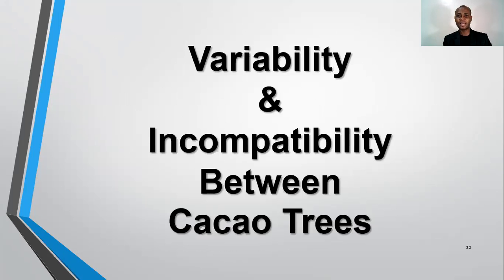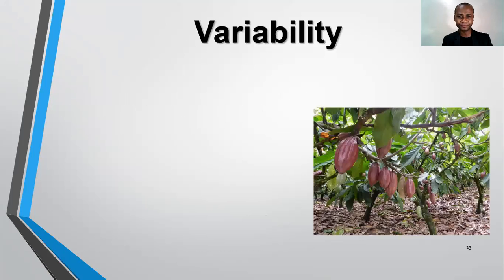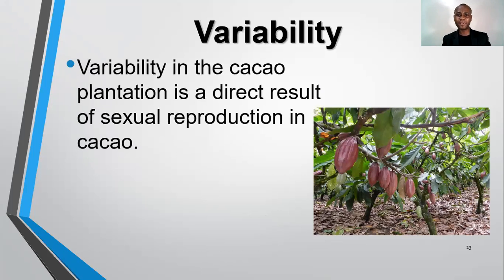Now let's look at variability and incompatibility. Variability in cacao plantation is a direct result of sexual reproduction in cacao.